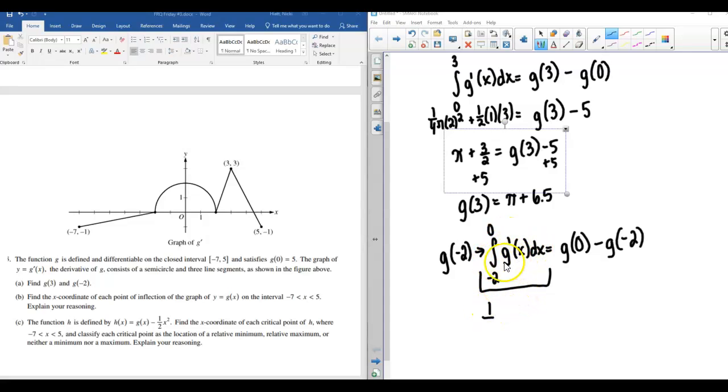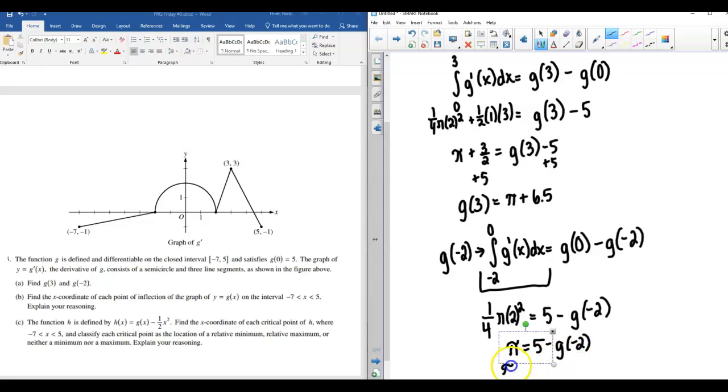That area under the curve is going to be 1/4 times pi times that radius squared, which is 2 squared. And g of 0, again, is 5. And then we've got minus g of negative 2. So this all is just going to be pi equals 5 minus g of negative 2.